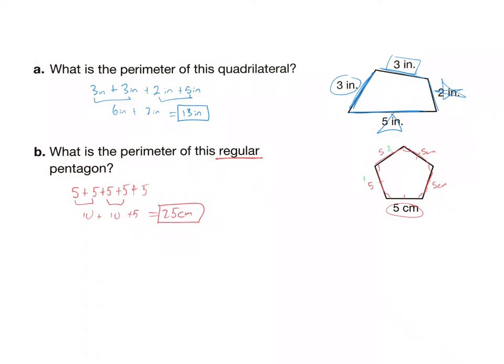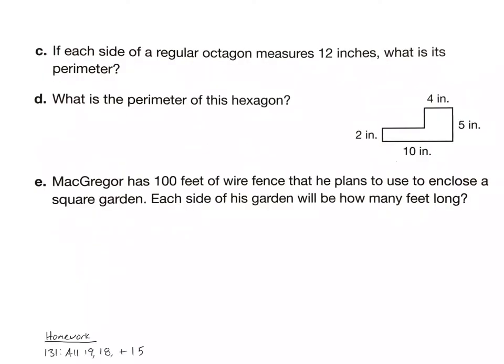I have 1, 2, 3, 4, 5 sides, I could have said 5, the number of sides, times the side length that I have. That's that 5 there. And I would get 25 centimeters. Same answer either way that you go.